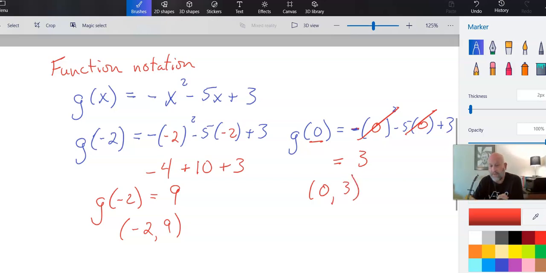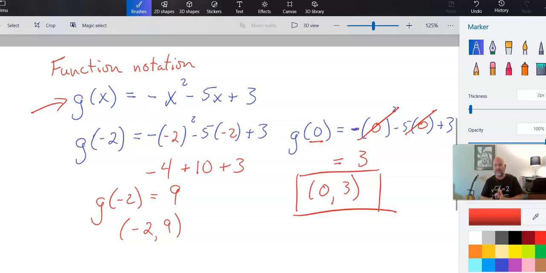And the other thing that's important about this is that the x-coordinate is 0. So when you plug 0 into a function, that's actually fairly important because when the x-coordinate is 0, what you're looking at is a y-intercept. So this point right here is actually the y-intercept of this function, right? That's where it crosses the y-axis.